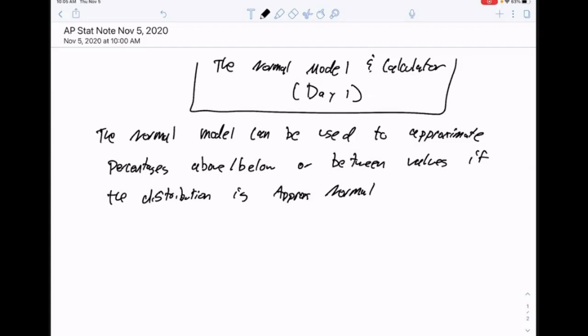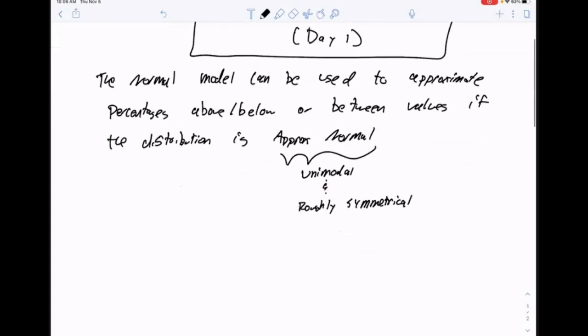All right, which means that to be approximately normal, the distribution is roughly unimodal and roughly symmetrical. So if the distribution isn't roughly unimodal and roughly symmetrical, then the normal model doesn't apply.